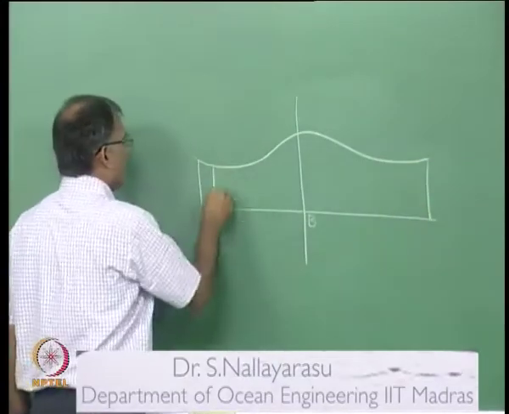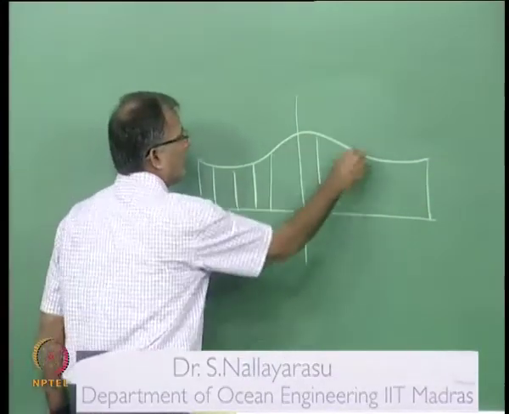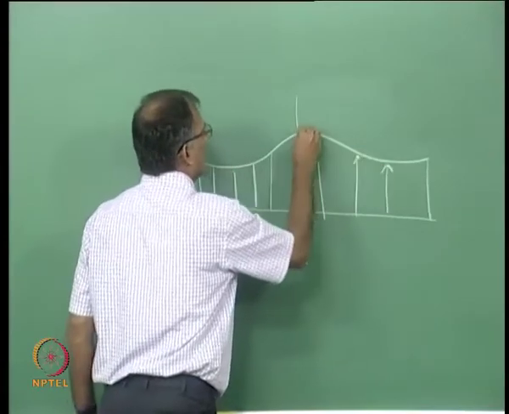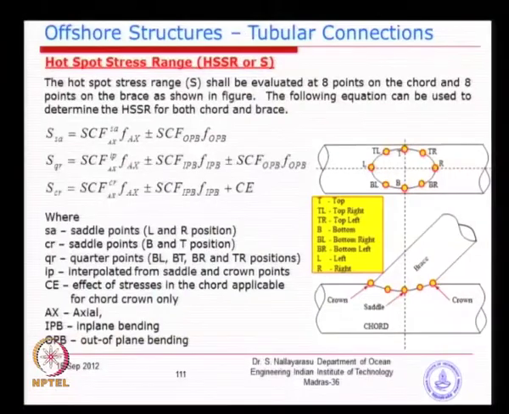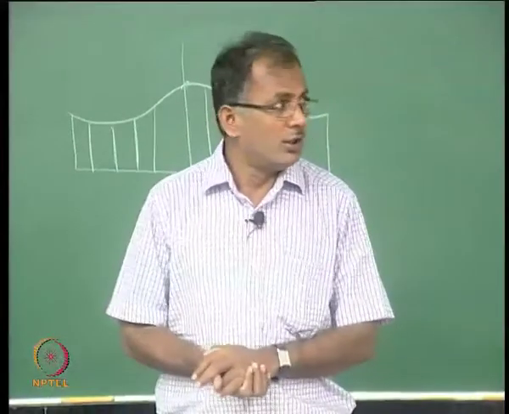You may be asked to plot at 8 points. So, that is your point where this bottom point, you go all the way on the left side and right side. So, you can plot the variation of stress concentration factor or the overall stress range.